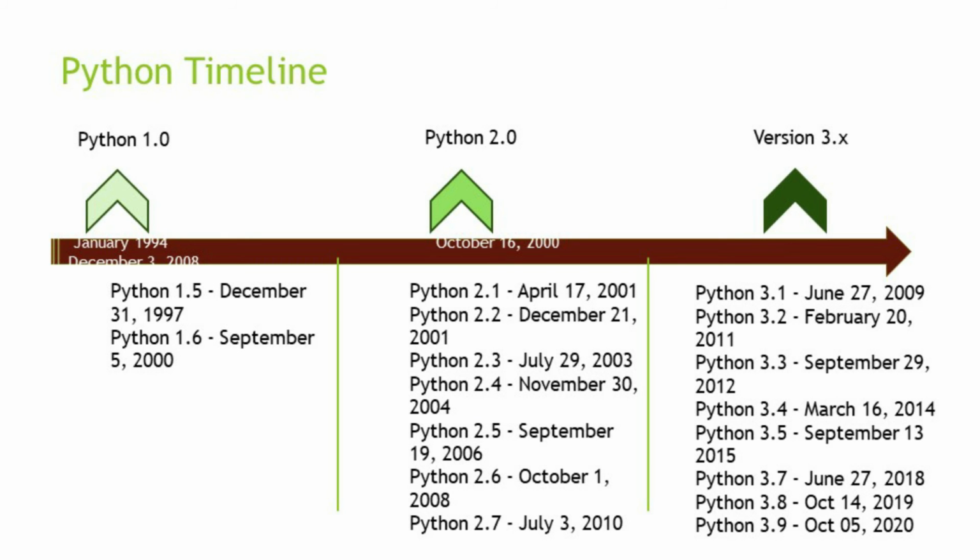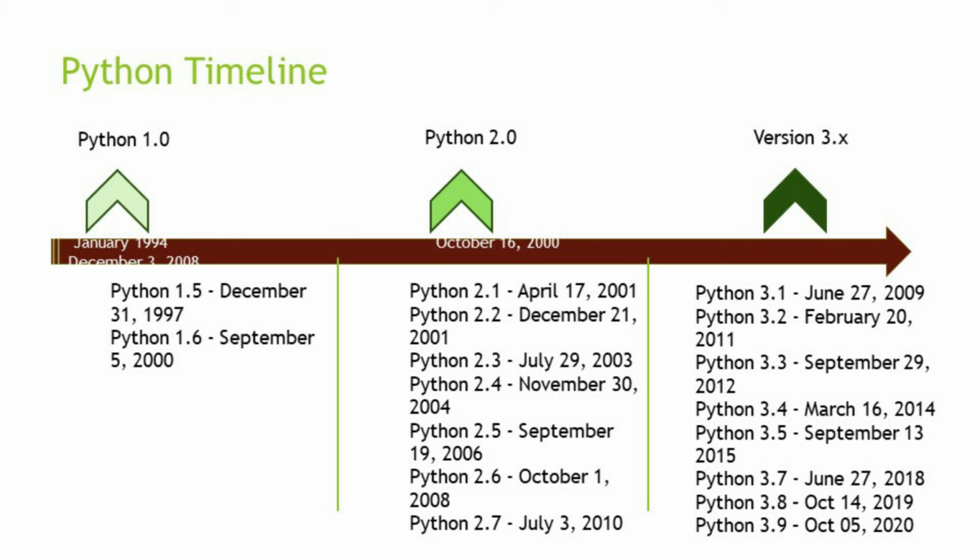Next, we have the timeline, the history of Python. So the very first version, which is 1.0, was invented in January 1994, after which the 1.5 version got released on 31st December 1997, followed by 1.6 in September 2000. Then it came up with new functionality add-ons, Python 2.0, on October 16, 2000.